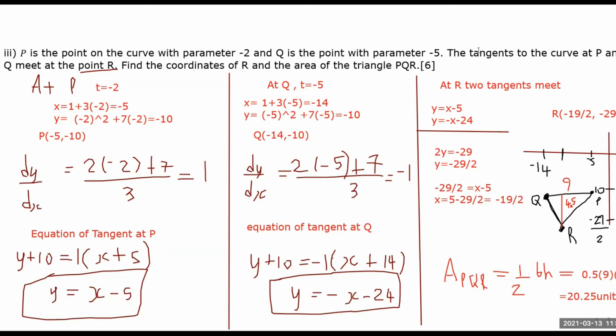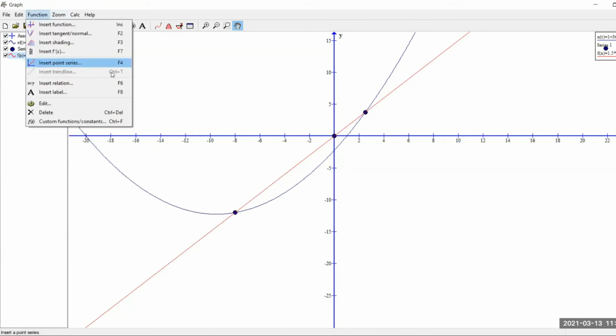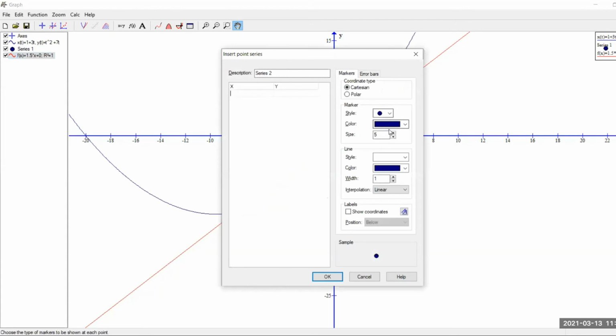So first, let's go to graph. Remember we said that P is the point -5, -10. So we're going to insert that point, and let's use a diamond, and we're going to make the color be red.